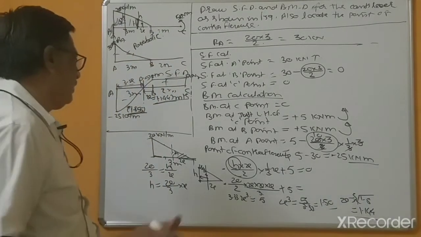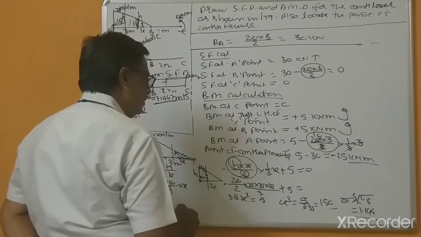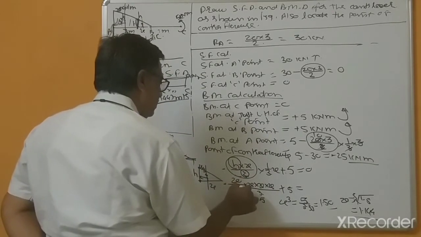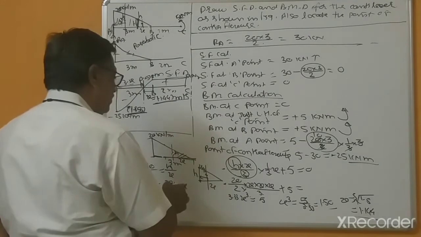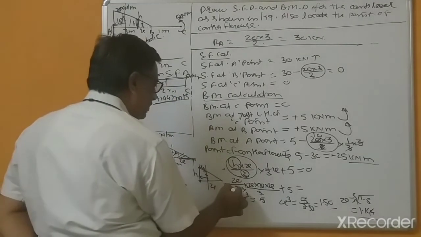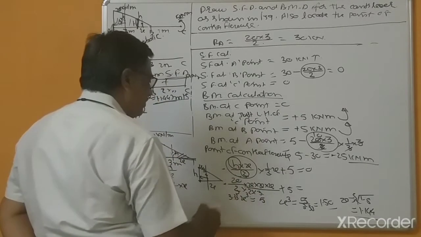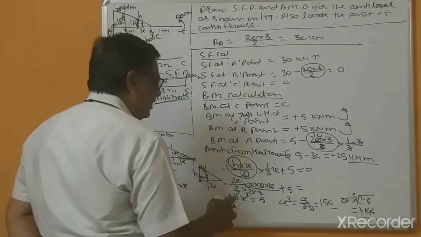Oops, we forgot this 2, because h equals 20 divided by 3 and this is 2, so these answers slightly change.